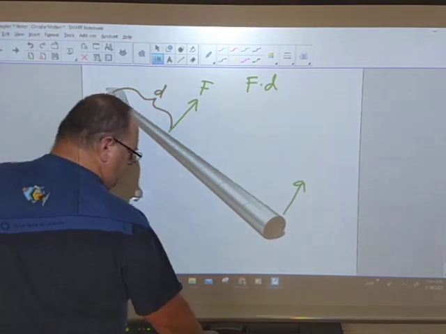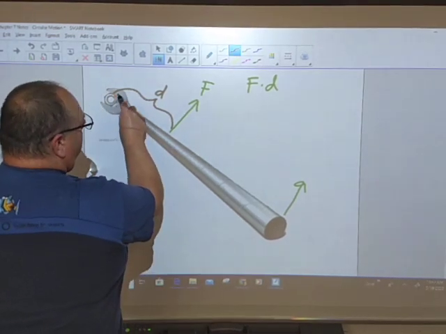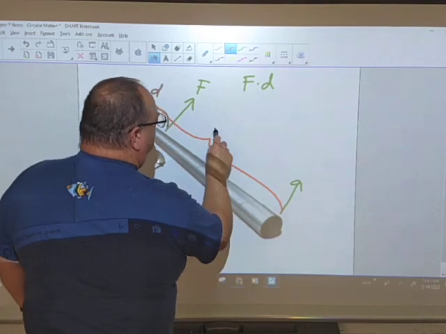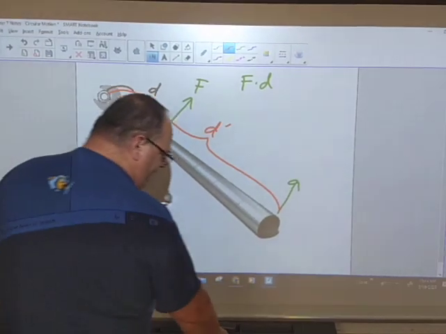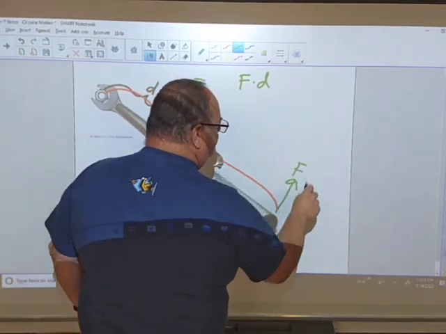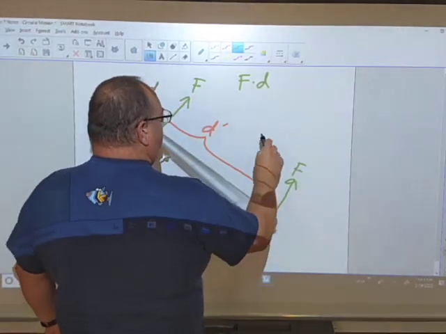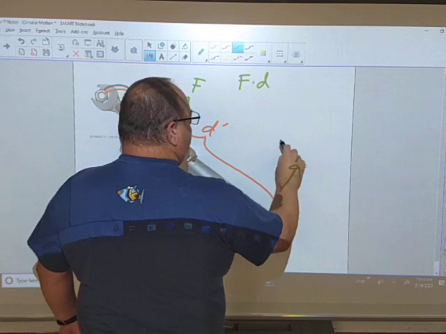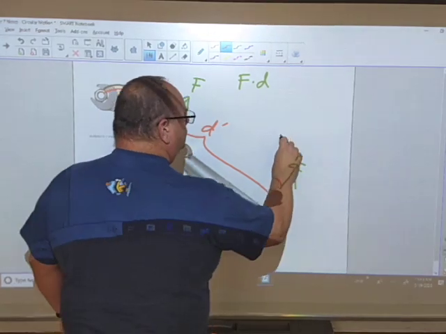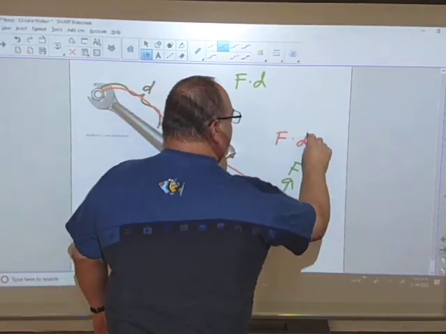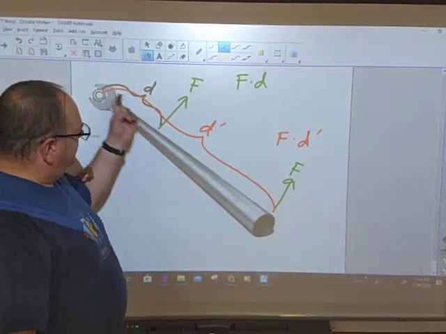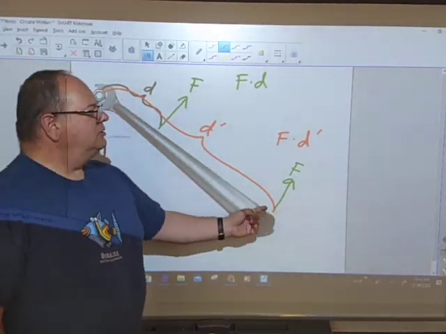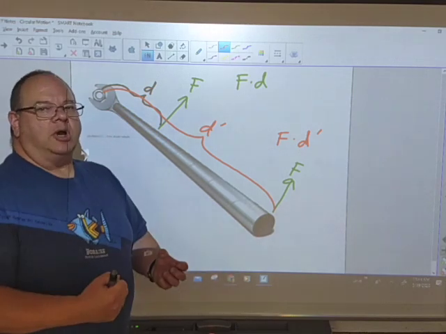Now look, we'll call this my new distance, d prime. And so if I can apply the same amount of force, my torque is now going to be force times d prime. And even if it's the same amount of force, d prime is a lot bigger, so I'm going to get a lot more torque.